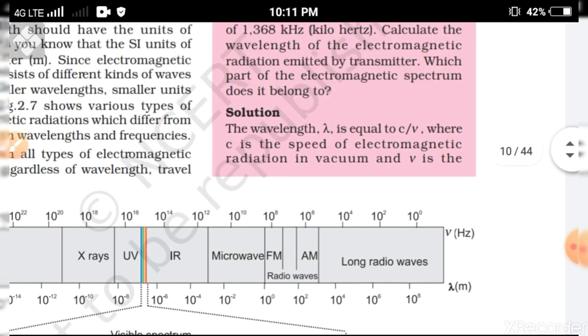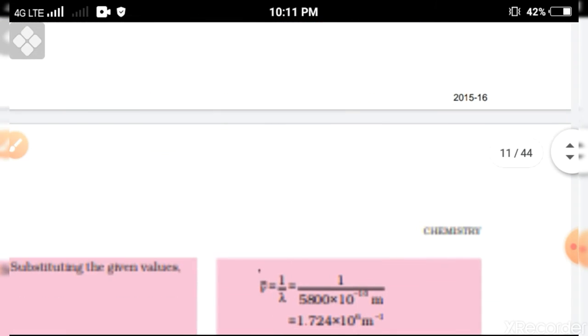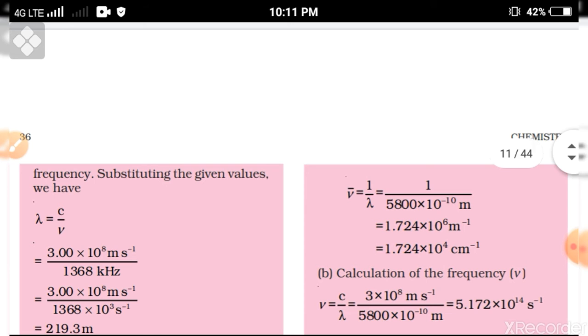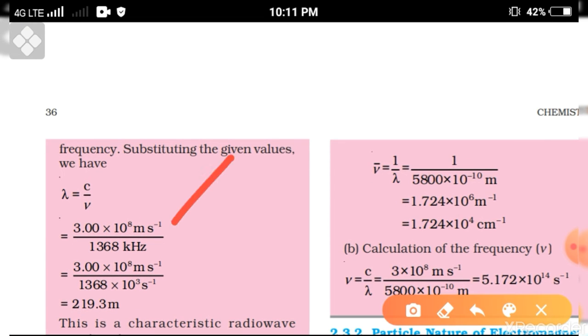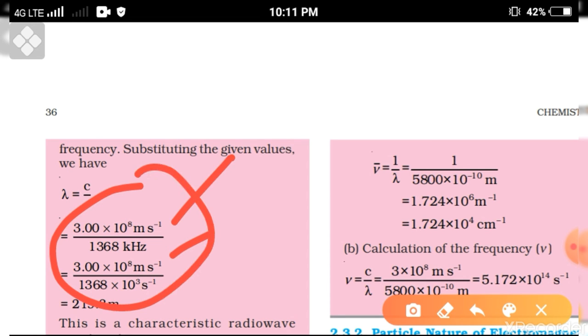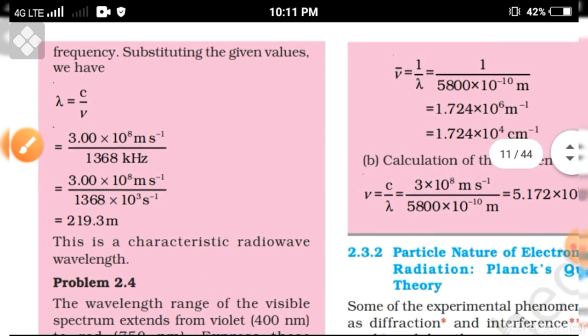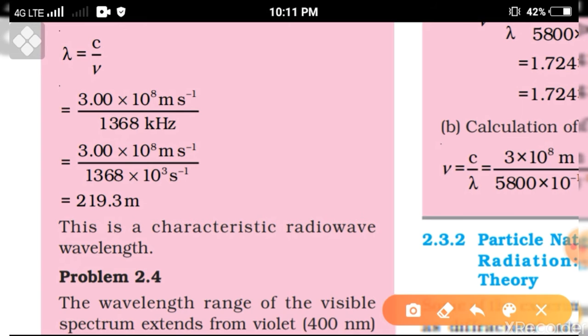Nu is the frequency here. Substituting the values, lambda equals c by nu. You know the speed of light is 3 into 10 to the power 8 meter per second, and the frequency is given. The frequency is given in kilohertz, so we have to convert it into per second, because the SI unit of frequency is per second or hertz. So first we convert it to hertz: 1368 into 10 to the power 3.